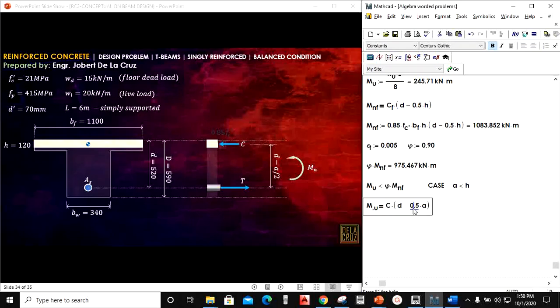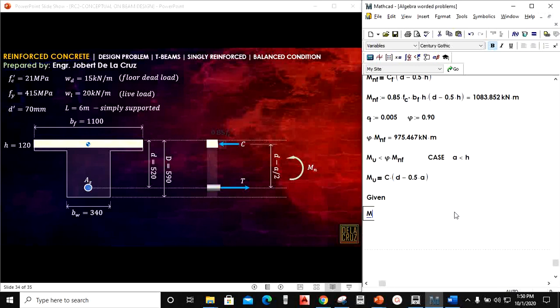Take note that my given equation is Mu is equal to, ano yung C natin? That is 0.85 fc prime. Then, ano yung area ng ating concrete? That is beam flange times A. Of course, no? Beam flange times the A. Ito yung A natin dito.